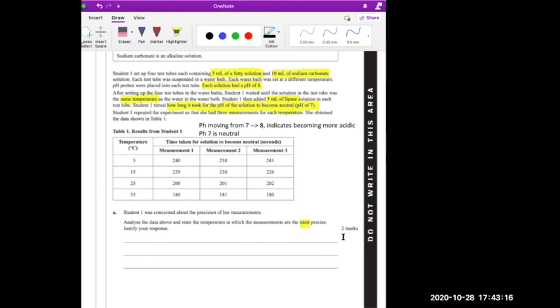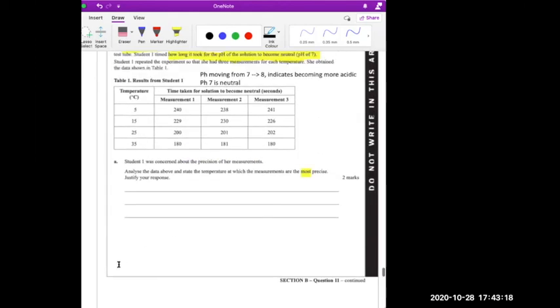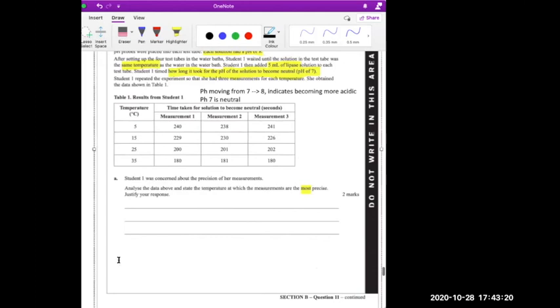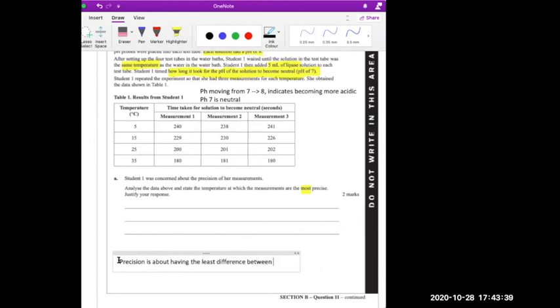Justify your response. So for this question, you need to know what precision means, right? And precision is about, this is not a great definition, but precision is about having the least difference between repeated experiments. So the least difference between repetitions of the same experiment.